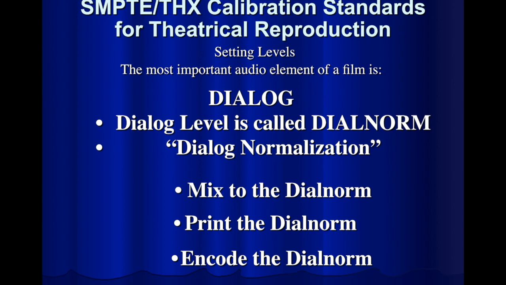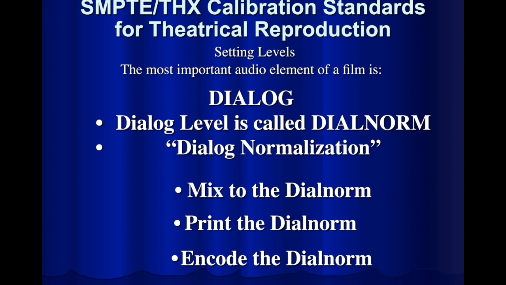One of the fields is known as dial norm, and you can say when you are encoding that AC3 codec, you know what, I'd like to bring this clip up 3 dB, or I'd like to bring it down 3 dB.